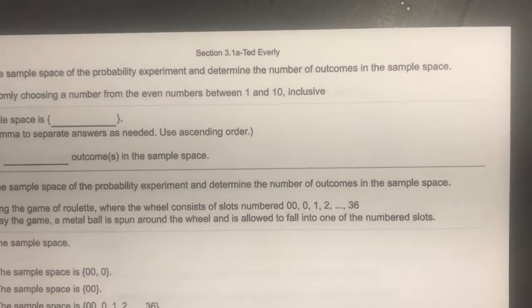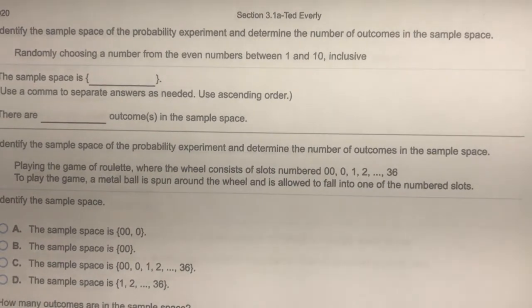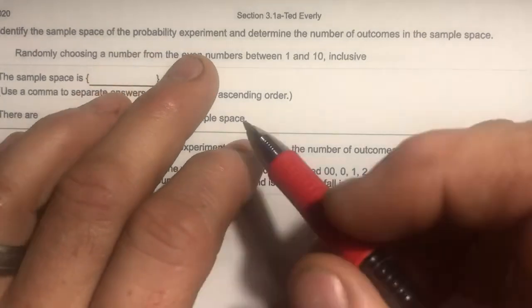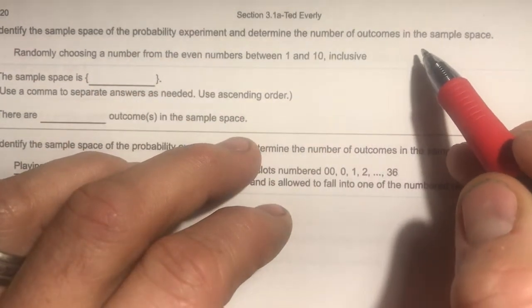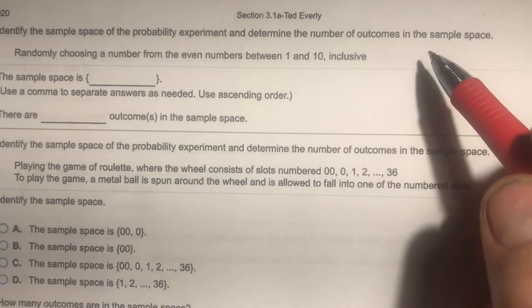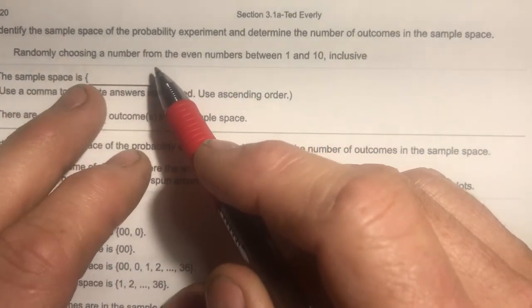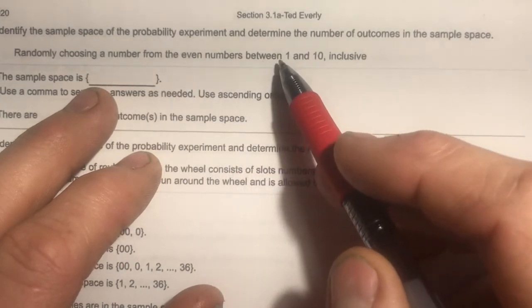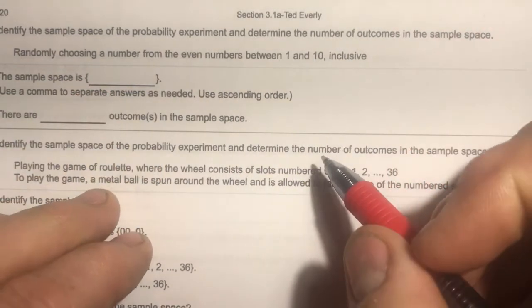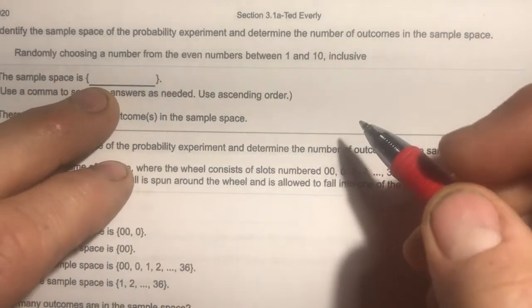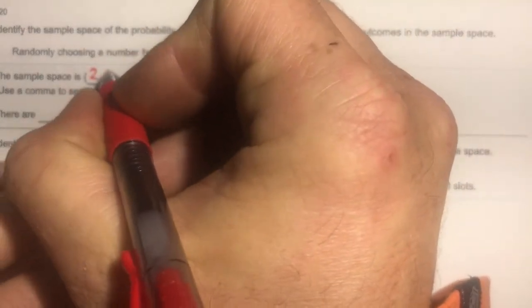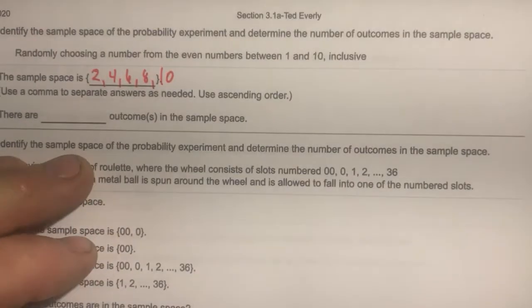All right. Number 15 here. Identify the sample space of the probability experiment and determine the number of outcomes in the sample space. We're randomly choosing a number from the even numbers between 1 and 10. The sample space is 2, 4, 6, 8, and 10.